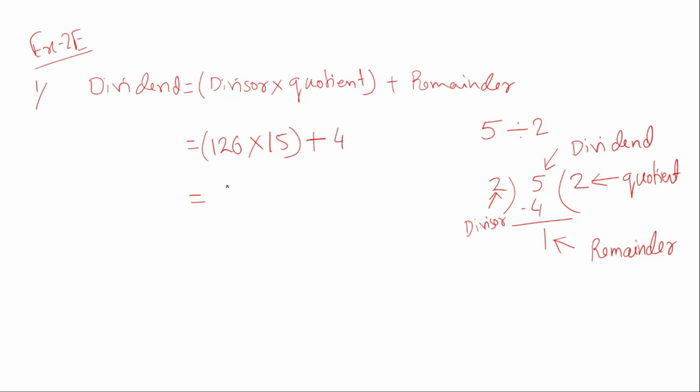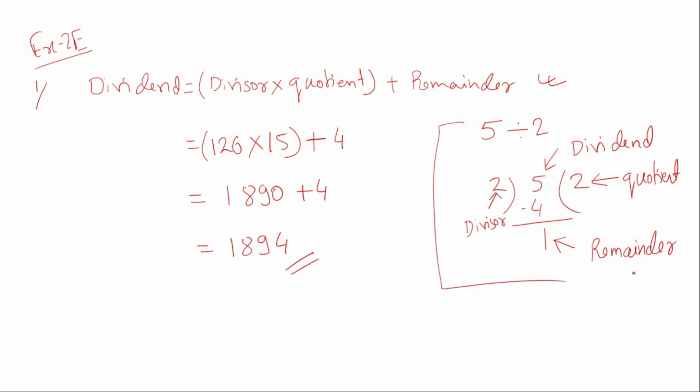It will be 1890 plus 4. So the number is 1894. I hope the formula and these terms are clear to you. Let us move to the next question.